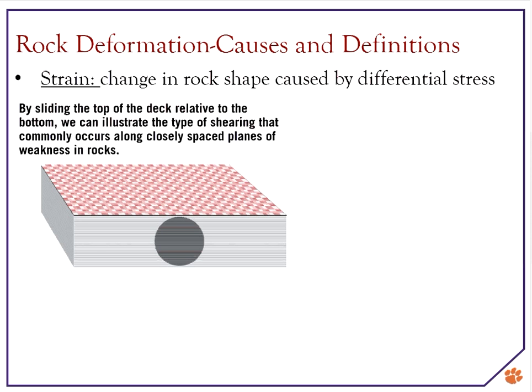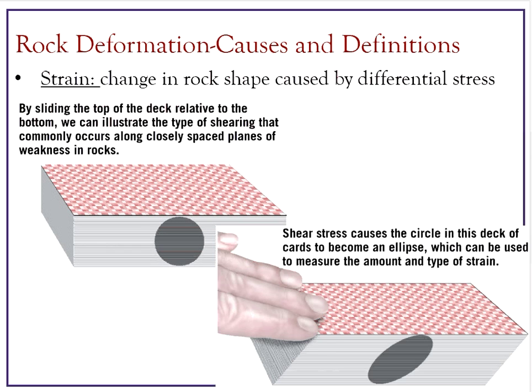So to get a little more detailed understanding of this, let's look at this deck of cards. When we mark a circle on the side of this deck and then apply two forces in two different directions, one from top towards right and the other one from the bottom of the deck towards left, we will see that the shape of the deck is going to change by following these different stresses.